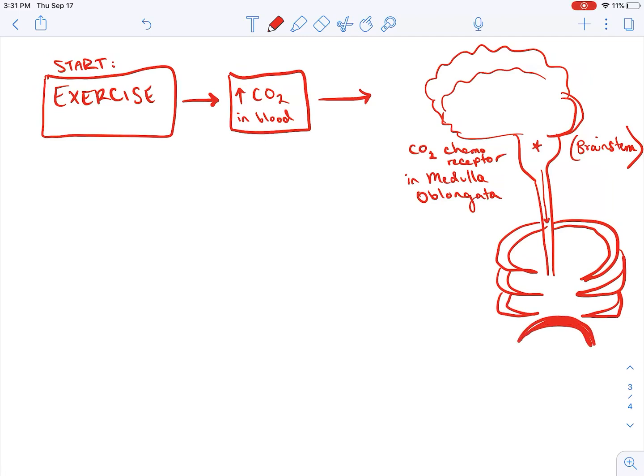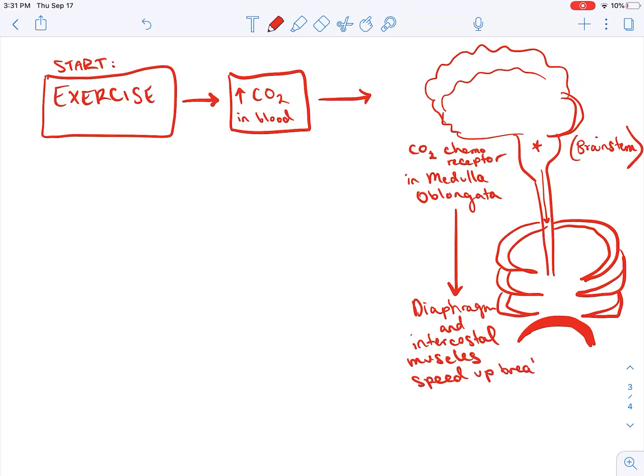So both muscle groups are going to be triggered. That's our next step: the diaphragm and intercostal muscles speed up breathing movements.